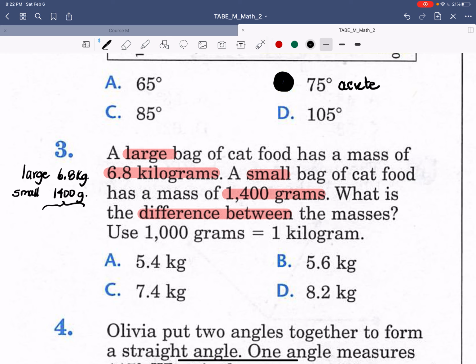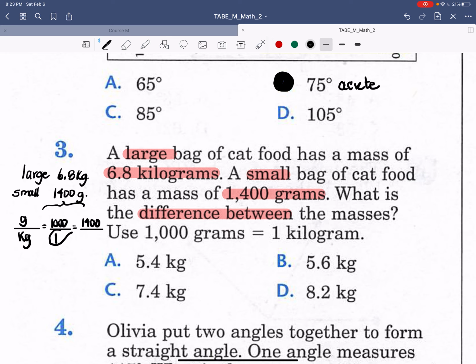So let's do a proportion here. This is the way that I prefer to do them. You don't have to do it this way, but it will work for you. We are converting grams to kilograms, and they give me the conversion. 1,000 grams is 1 kilogram. And our small bag has 1,400 grams.